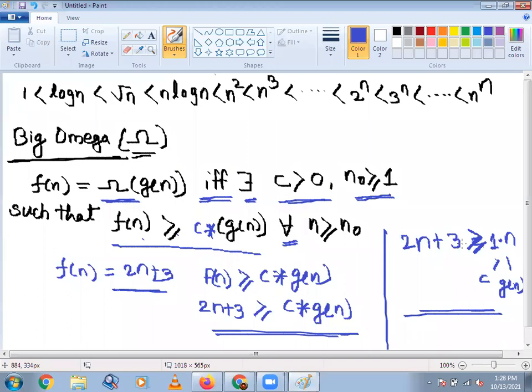Yes, sir. Okay. Suppose someone has written like this: 2n plus 3 is greater than or equal to 1 into n. That is simple n is written here. 1 is c, and 1 for c and n for g of n. And then if I put n is equal to 1, then it satisfies the equation or not?